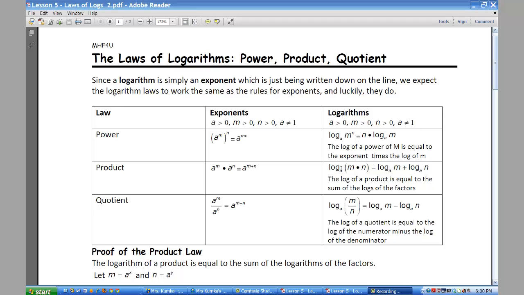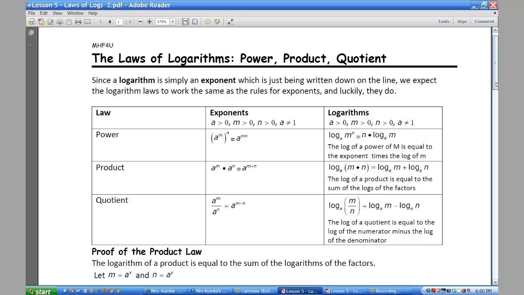For logs, when you multiply the answers with the same base, it's the same thing as adding the logs of the answers. And when you're dividing, the log of the answers is the same as subtracting the logs of the two answers. The base, though, should remain the same. You have to always make sure that the base is the same.